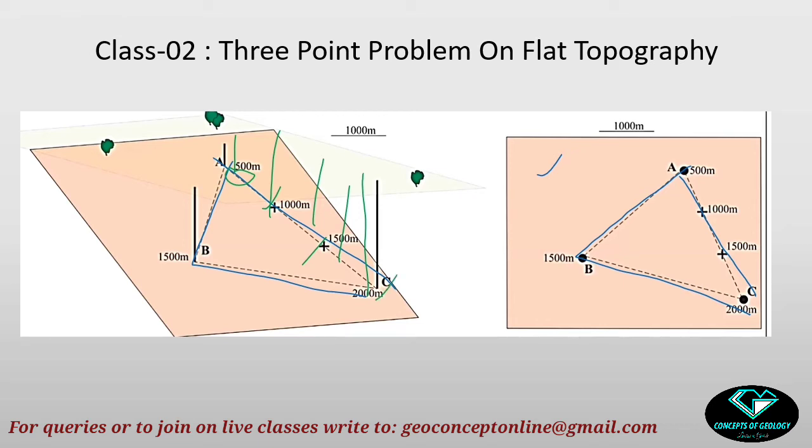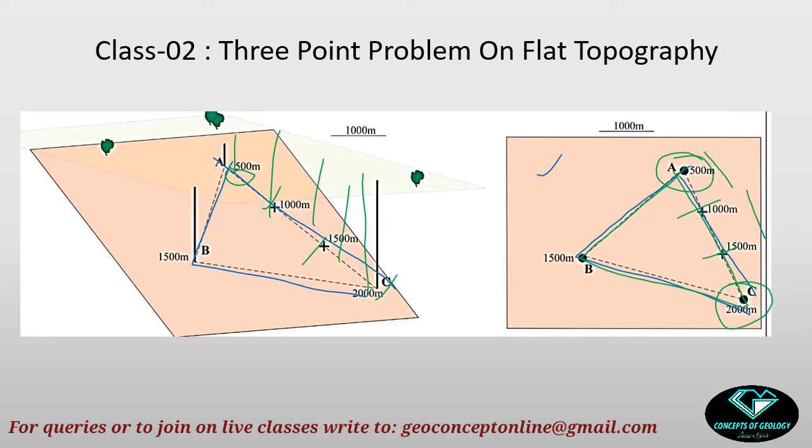I will do the same thing with the map view also. When I have a depth value of 500 meter here and 2000 meter here, if I make 500 meter graduations in this line, I will have a 1500 meter value here and a 1000 meter value here.